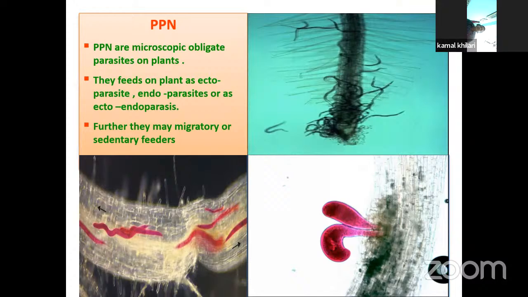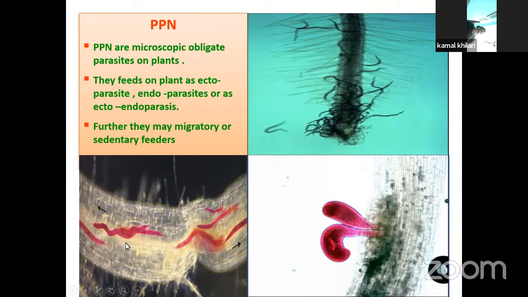The third category is endoectoparasite, which means they remain partially outside the plant body and partially inside the plant system. So they are categorized into endoparasite, ectoparasite, and endoectoparasite.